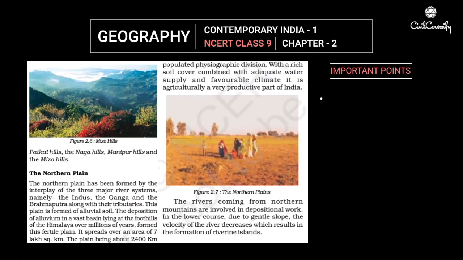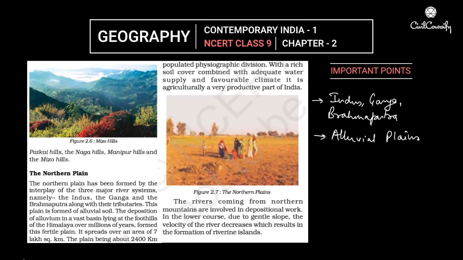Now we come to the second physiographic division, which is the northern plains. The northern plains are really important because the important rivers such as the Indus, Ganga, and Brahmaputra flow through them. Since it is fairly new, as we just discussed, formed by sediments deposited by these rivers, it has huge amounts of alluvial plains. The alluvial soil is very fertile, and it also has a favorable climate.